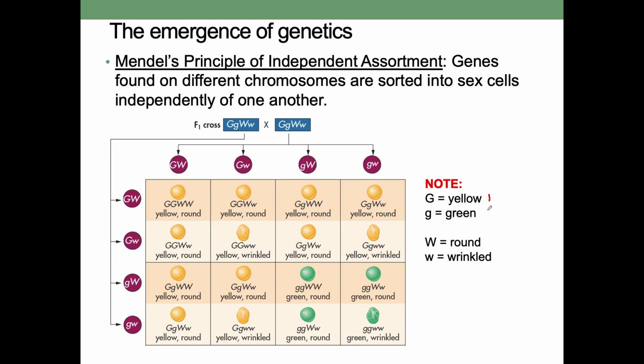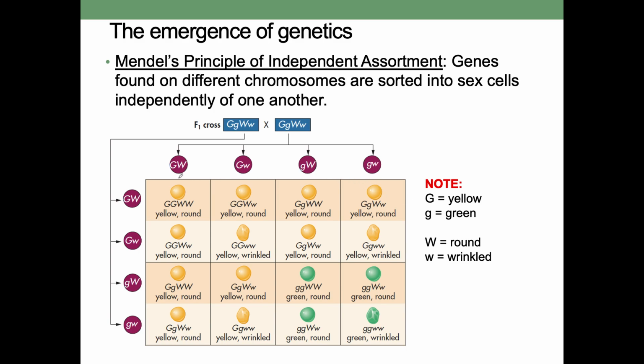There's the big G allele for the yellow seed. There's the little g allele for the green seed. There's the big W allele for having a round seed shape, and the lowercase w for having a wrinkled seed shape, right? So two traits with four alleles, two alleles for each of the traits.